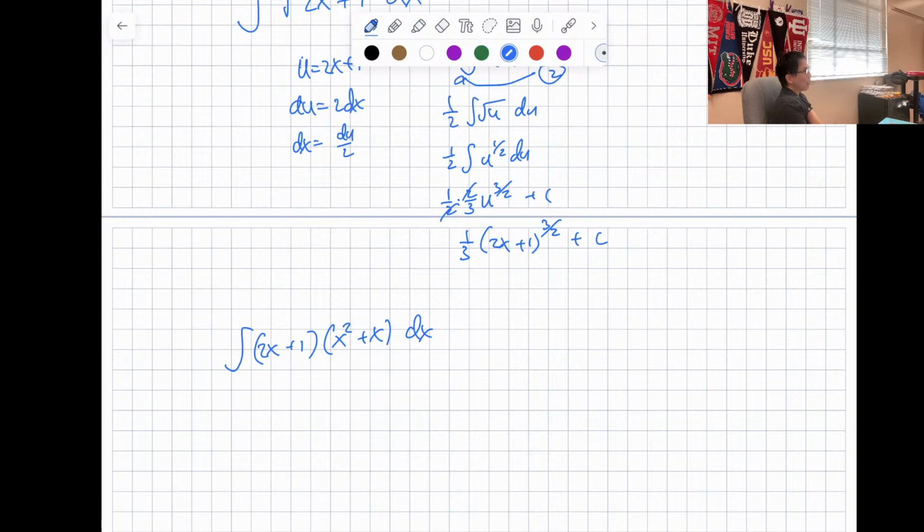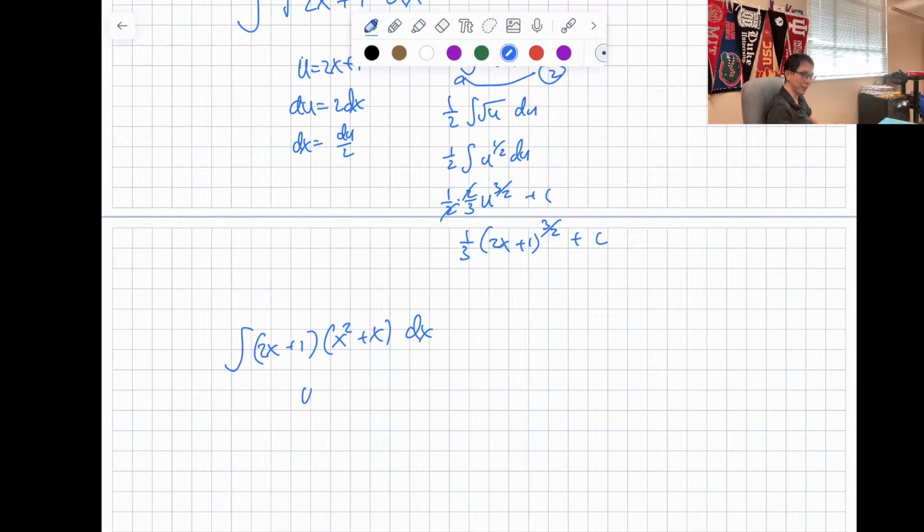Then I'm going to think about u equal to the other one. If I let u equal x squared plus x, what is du? So which one's better? Yeah, that's the idea.